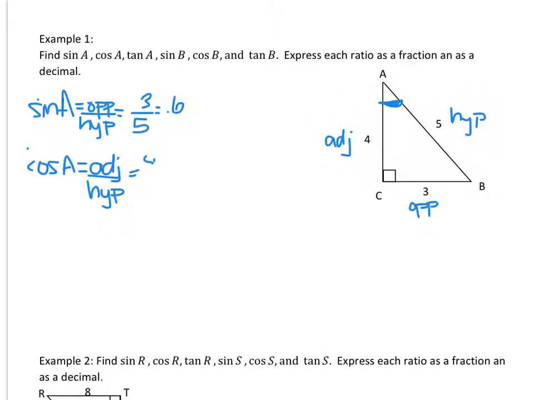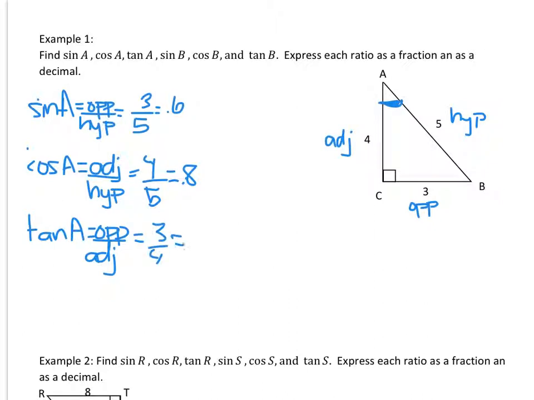So we're going to have 4 over 5, which is about 0.8. And last one, tangent A, which is opposite over adjacent. So we're going to have opposite, which is 3, over adjacent, which is 4. It's going to give us 0.75.